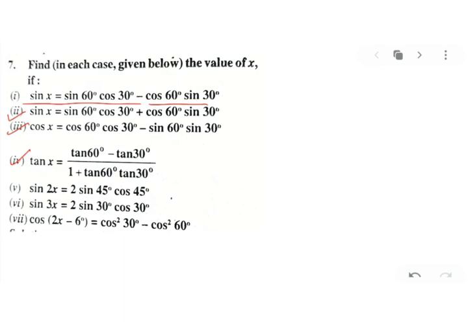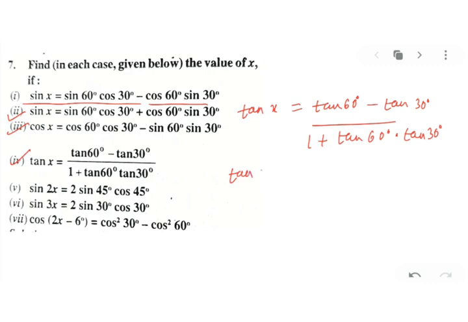In your fourth problem, it is given 10x is equal to tan 60 degree minus tan 30 degree upon 1 plus tan 60 degree into tan 30 degree. The concept is going to be same.